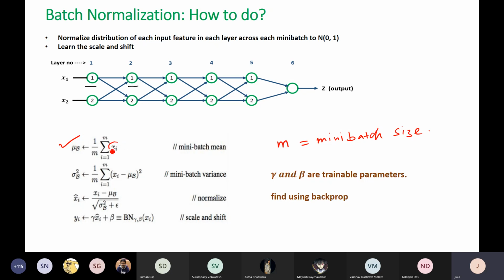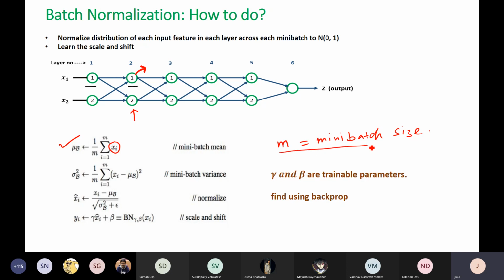And here xi, I'm showing for one layer, and you can do the same for other layers as well. For the time being, assume that I'm doing it for only one layer, and the same thing you can apply for every layer. So here xi means, if you consider this particular layer, because there are m samples in a mini batch, from this particular neuron, for every sample you are going to get one value. So x refers to this particular value coming out of this particular neuron.